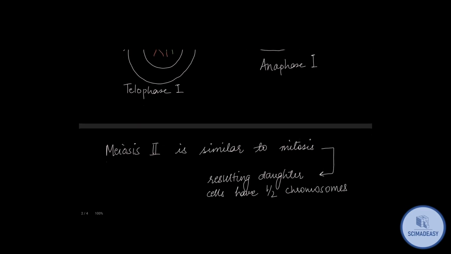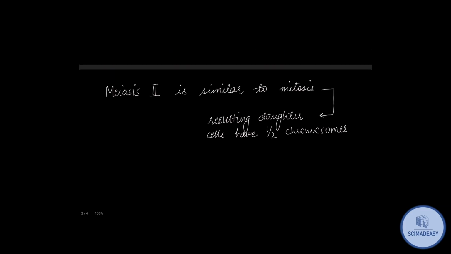These cells further undergo meiosis 2, which is similar to mitosis, where the resulting daughter cells have half the number of chromosomes. Each cell undergoes prophase 2, then metaphase 2, where the chromosomes align at the metaphasic plate, followed by anaphase 2, where these chromosomes are connected to spindle fibers, and spindle fibers separate chromosomes into two chromatids.